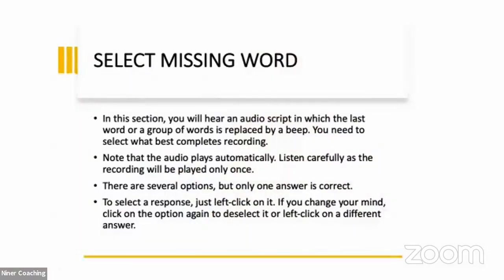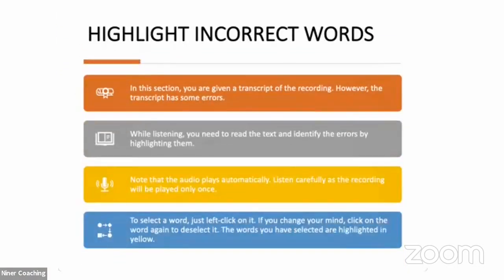And there will be options. You have to select which one best fills that bleep section of the recording. Which one's going to complete the recording? It's really fun. You just have to figure out how the recording will end. It's also pretty easy, I would have to say. That's select missing word.